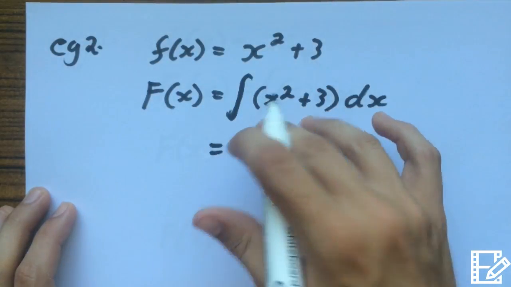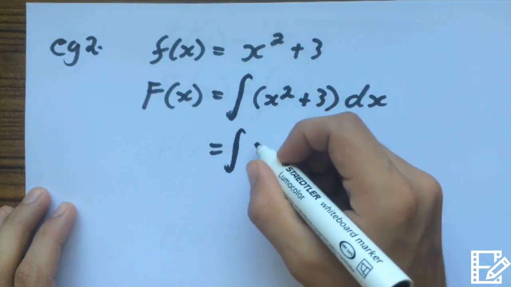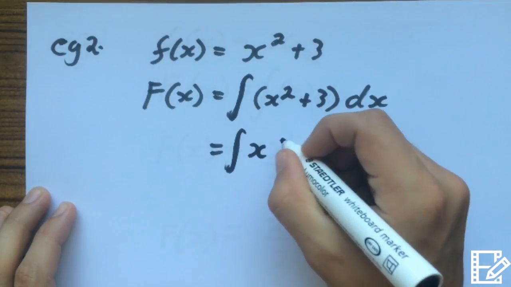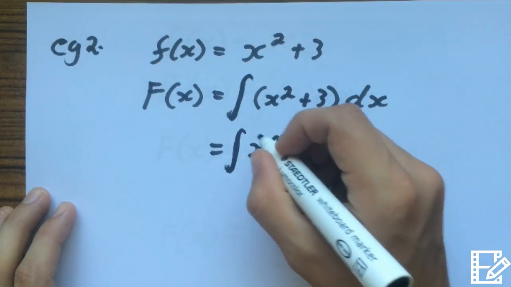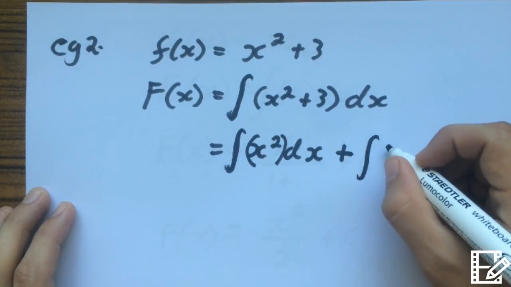Using the rule of sums, we split the integral using the addition sign. We find the integral of each side separately, plus the integral of the other side.